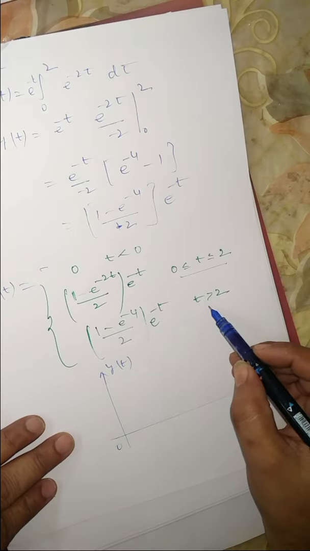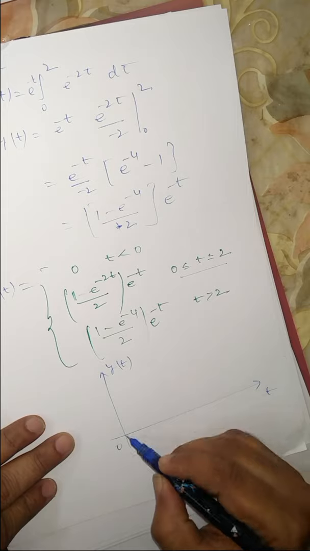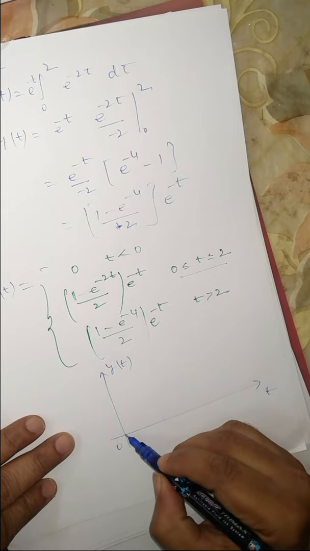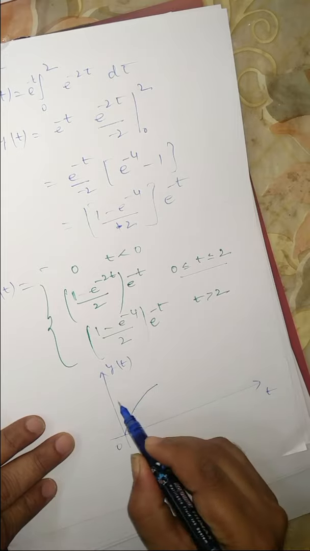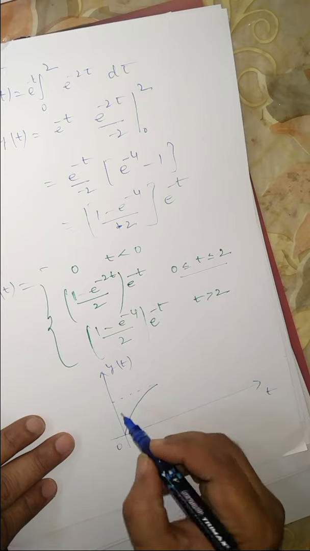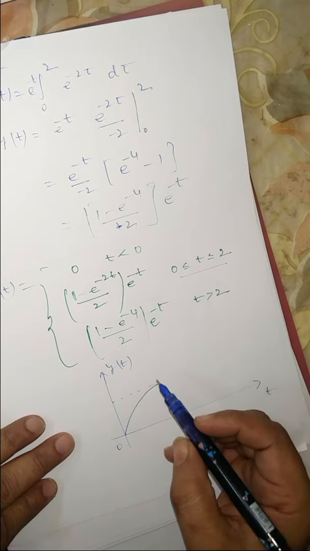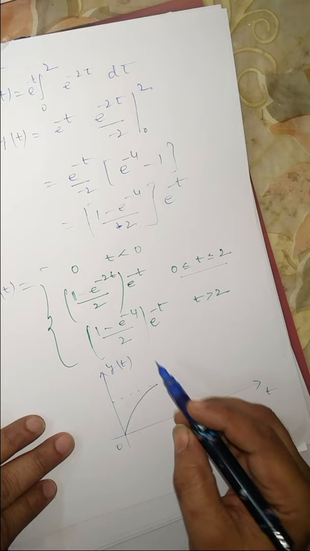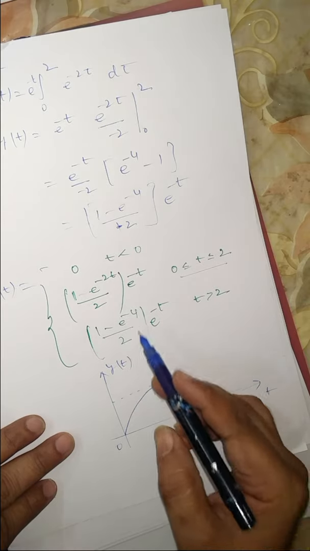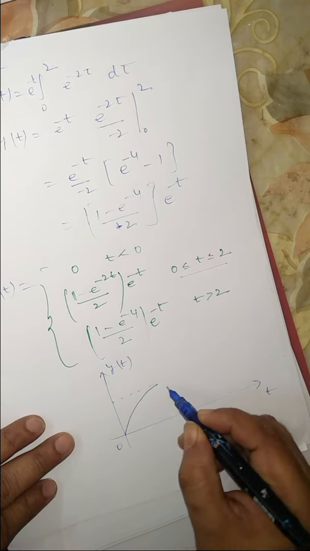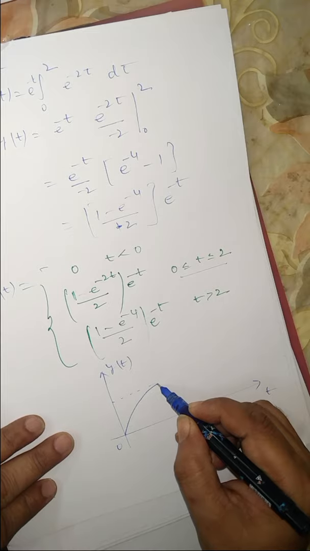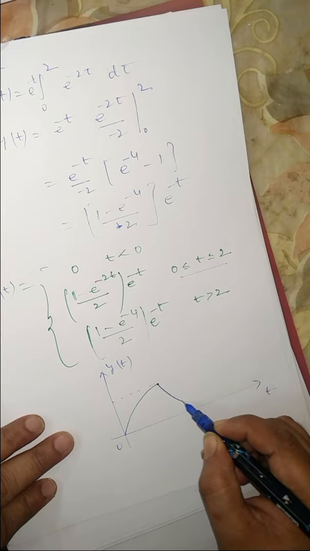When t is greater than 2, we should use this output. And when we draw this, it goes like this. The maximum value is at t equal to 2, where you get this answer, and next it goes on decaying.